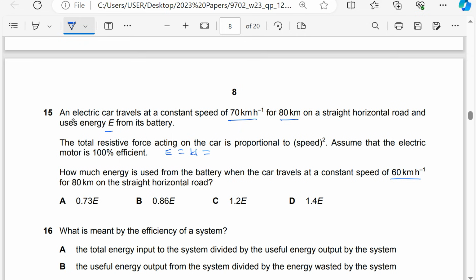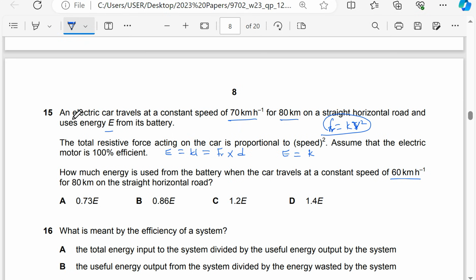Remember, the work done is the force, which this time is the frictional force, times distance. The frictional force is equal to a constant times the speed squared, because they say it is directly proportional to speed squared.